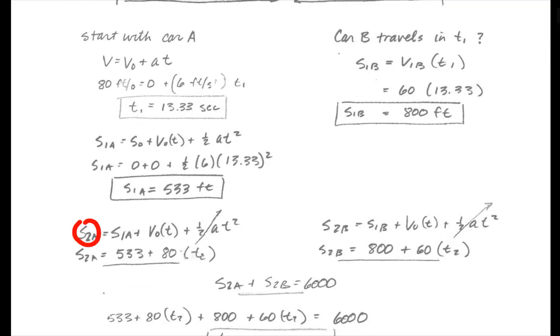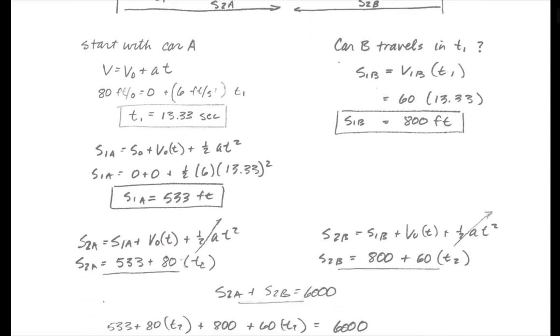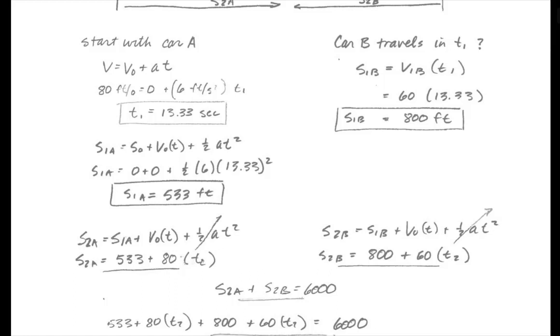I'm going to say S2 is going to be S1A plus constant speed after that. Car B is going to go this total distance, which consists of this plus constant speed here. You add those two together, and you can say S2 for A plus S2 for B have to be equal to the total 6,000 feet.